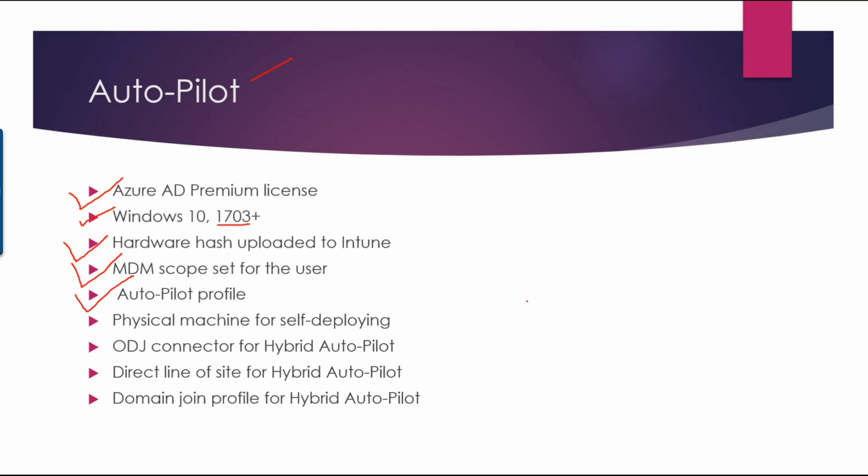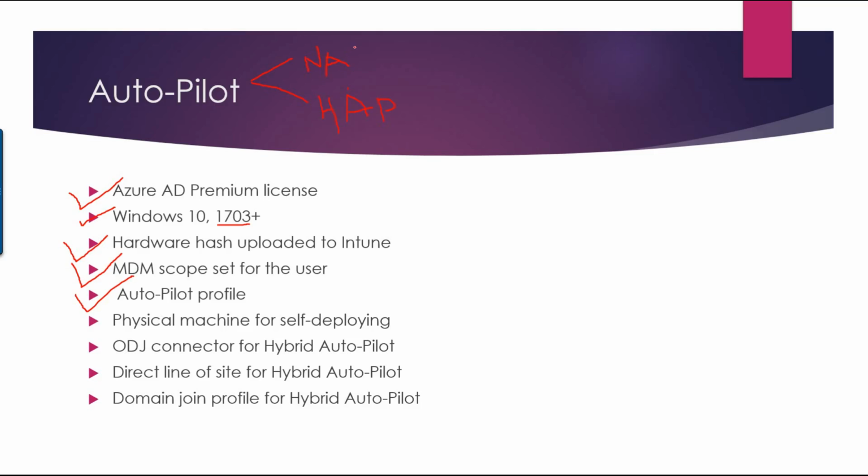In this AutoPilot profile, we determine what exactly the out-of-the-box experience of the user is going to be. When we do AutoPilot, there are two ways of doing it. We can either do a hybrid Azure AD join AutoPilot, or we can do a normal AutoPilot. Again, there are separate nuggets on each of them, so you might want to refer to them for more details on which one to use and when.